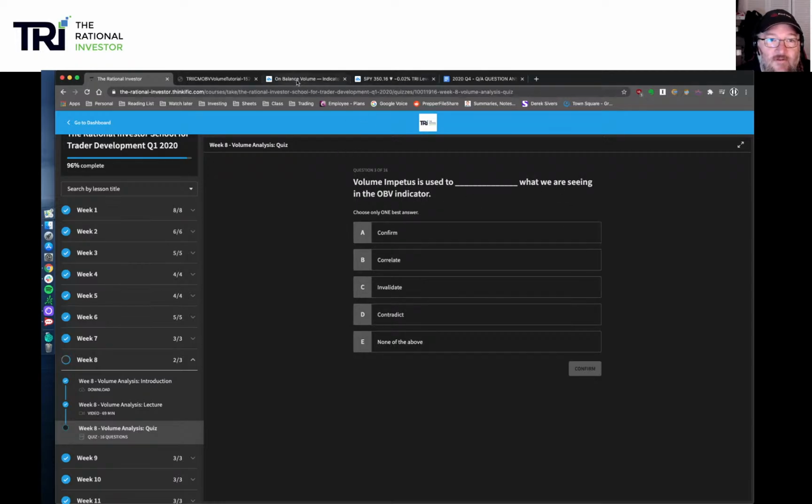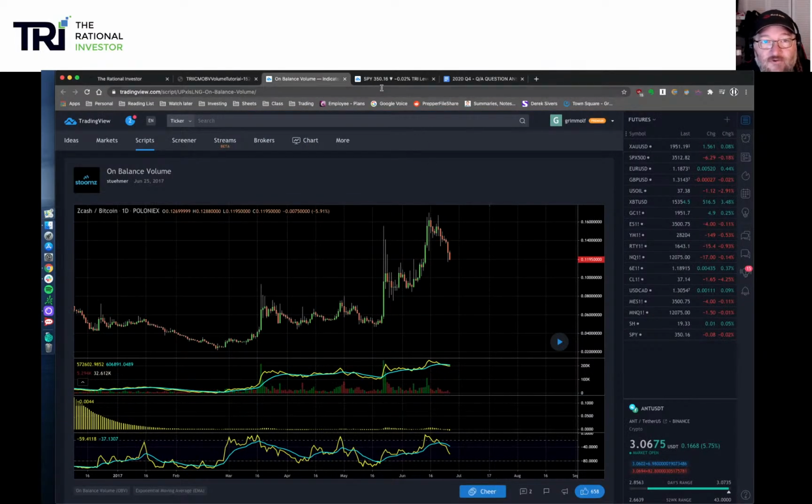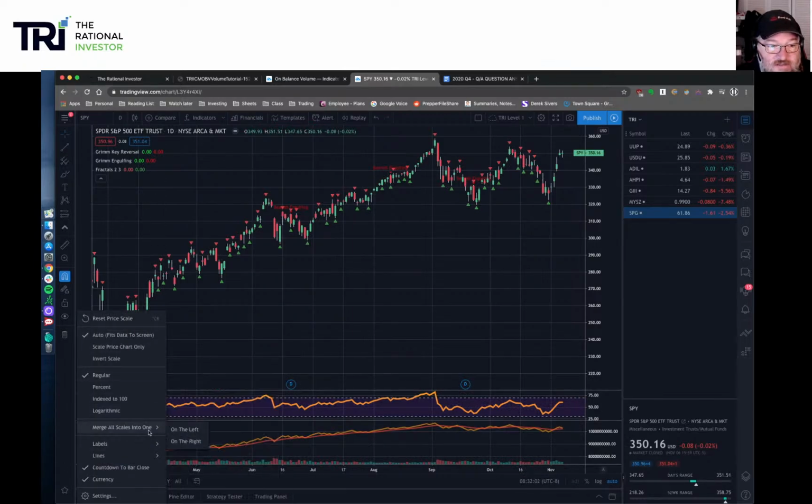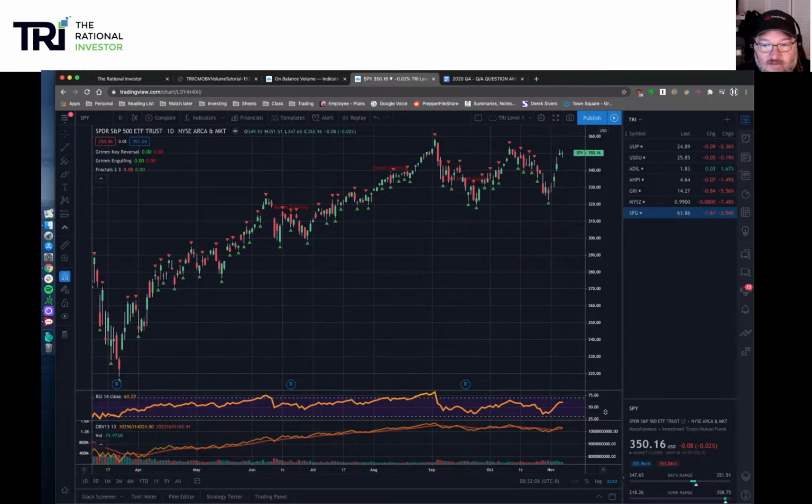Let me do that really quick. So Rush says move the OBV onto the volume indicator instead of the other way around. You can, and what that's going to do is it's the equivalent of when you put an asset on, by default, it's right aligned.